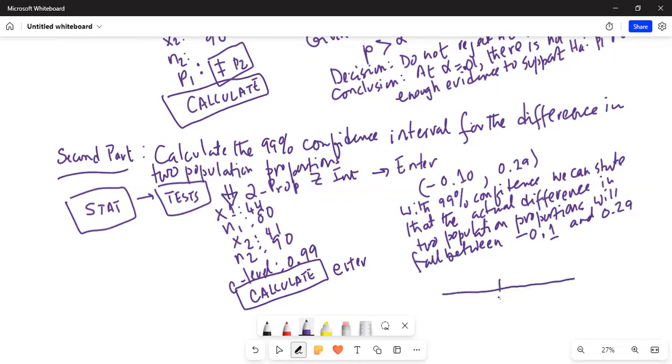Now let's draw the number line. So 0 is somewhere over here. So this is the number line. Minus 0.1 is over here on the left of 0. So this is your lower boundary. And your upper boundary is 0.29, somewhere over here.